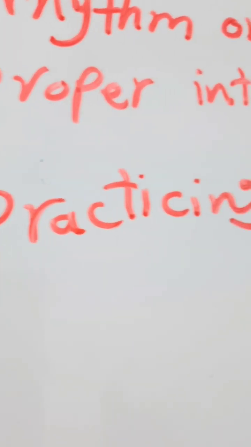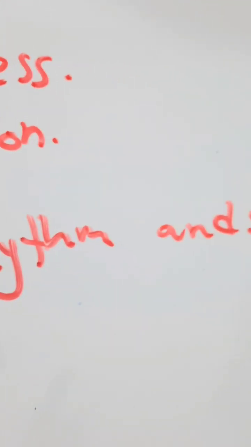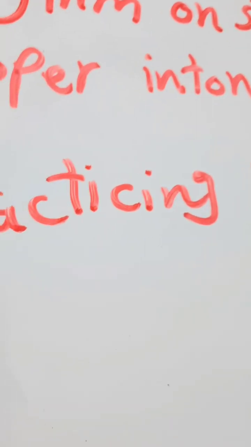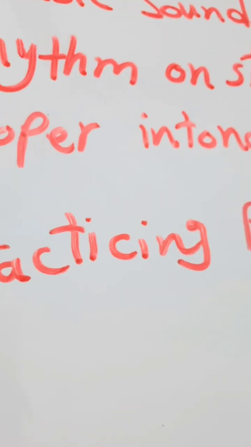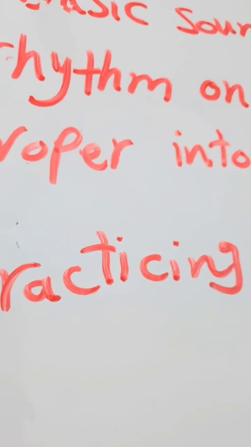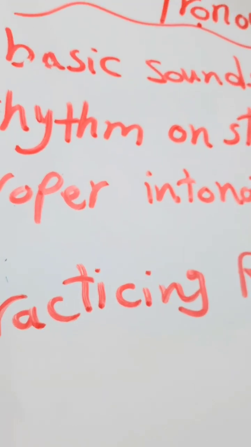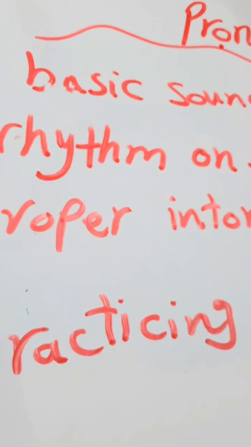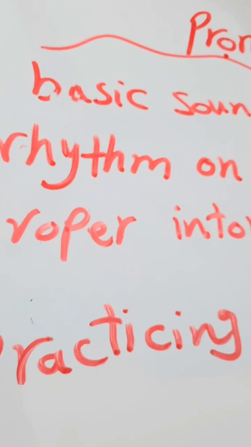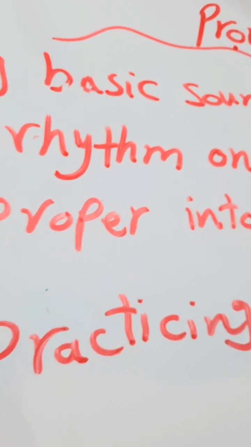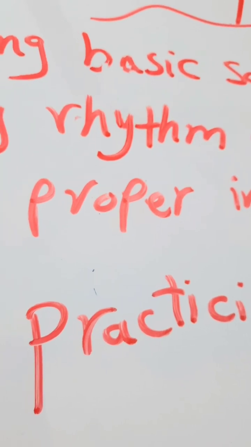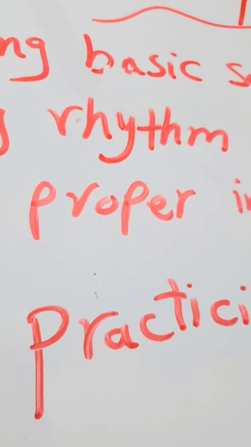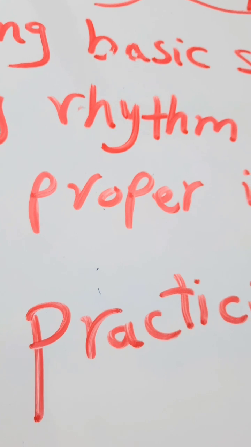After that, practicing rhythm and stress. Here you can simplify the meaning of rhythm and stress for your students. You can explain that in English, words and syllables are stressed in order to convey meaning, to focus on emotion, or to describe the differences between content and function words.